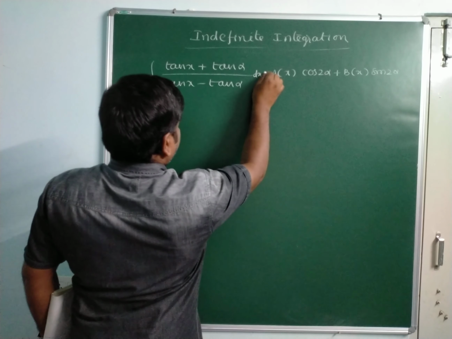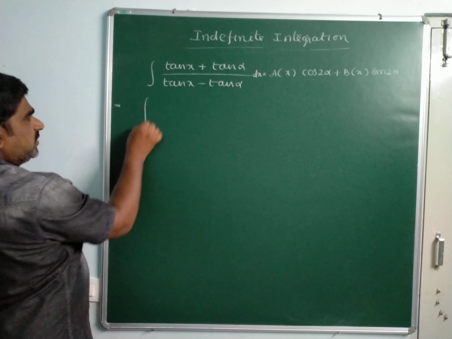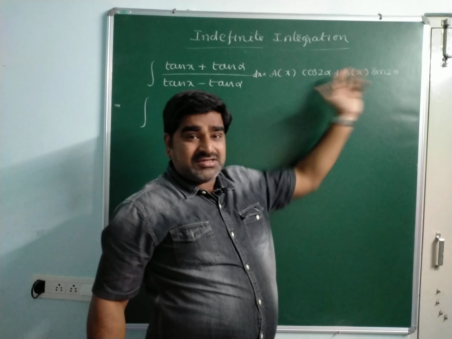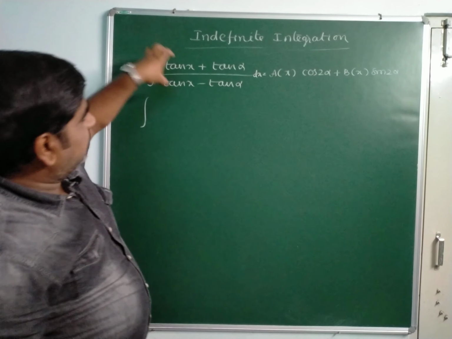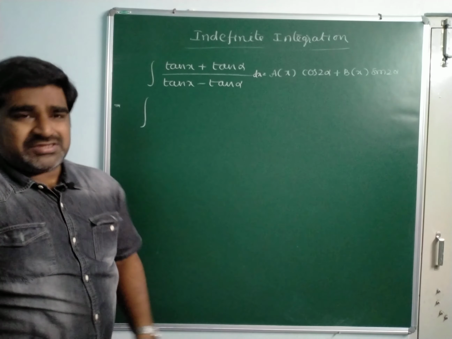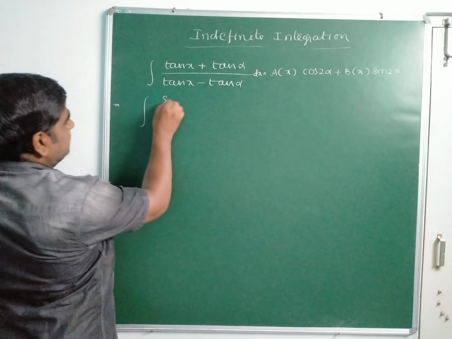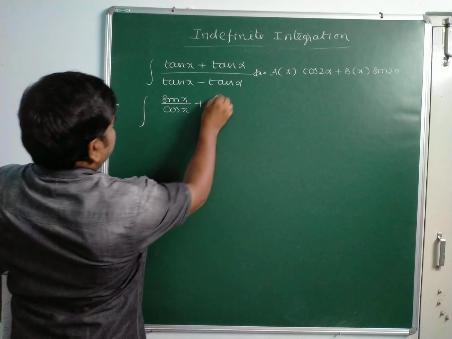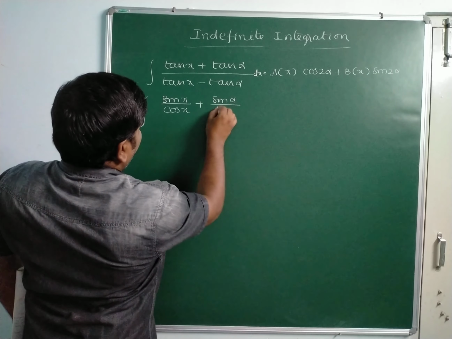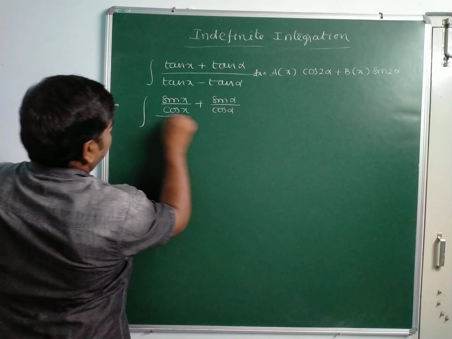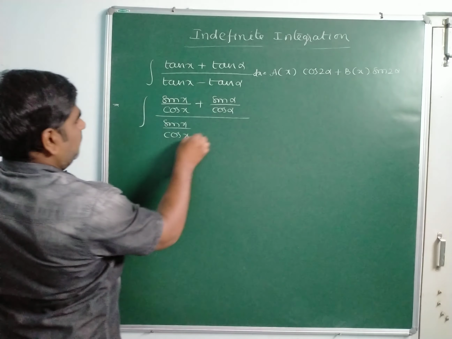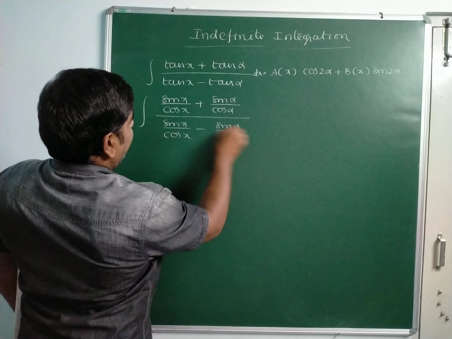So, let us consider the question, with dx. In the question, what you observe here is that there is sin and cos. That means we have to convert these tan terms into sin and cos. So first do that: this is sin x by cos x plus sin alpha by cos alpha, whole by sin x by cos x minus sin alpha by cos alpha.